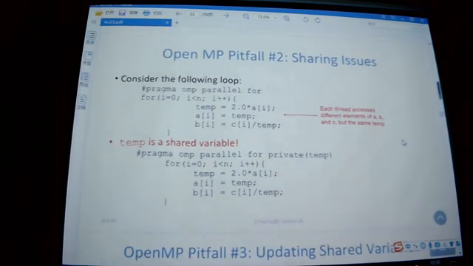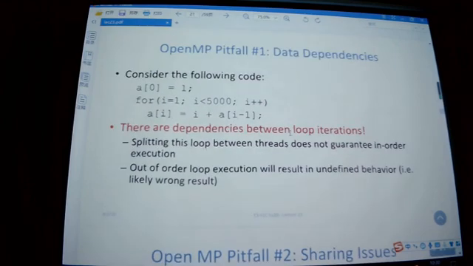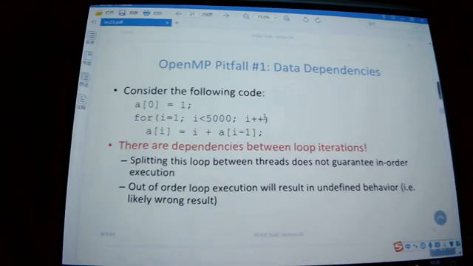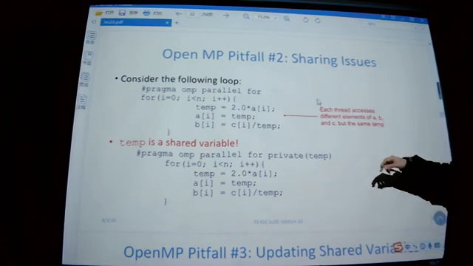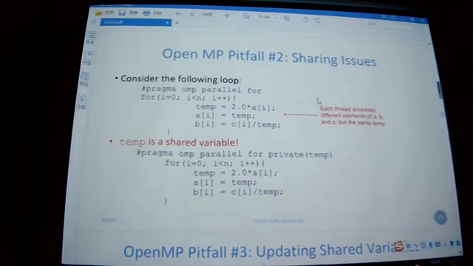The second is sharing issues. We can see temp is a temporary variable, so temp is a shared variable. This is the original statement, and this is the revised statement. In the revised statement, each thread accesses different elements of A, B, and C, but the temp variable is the same.